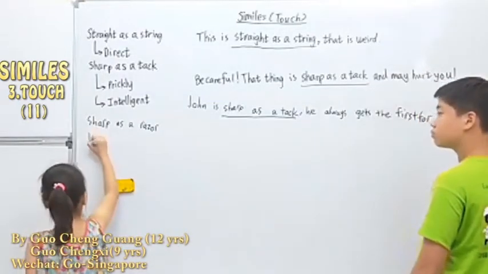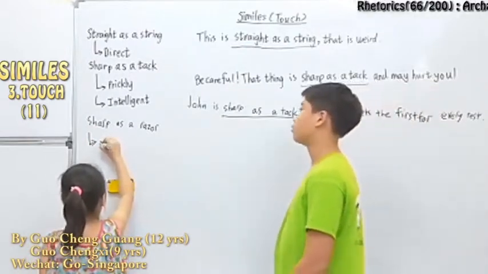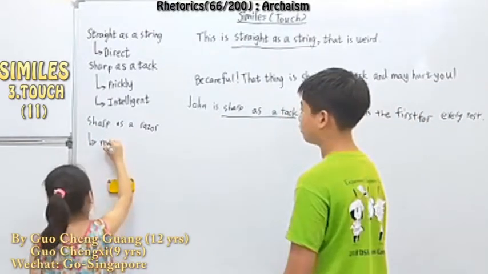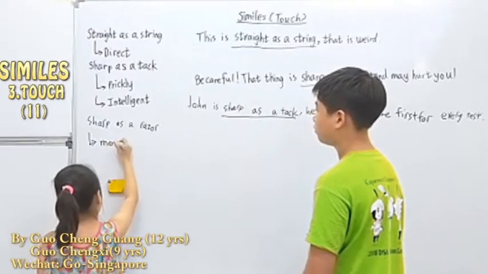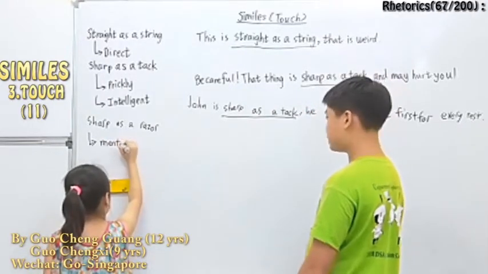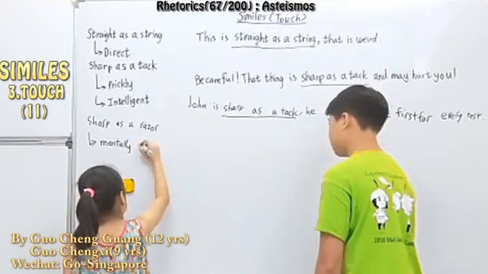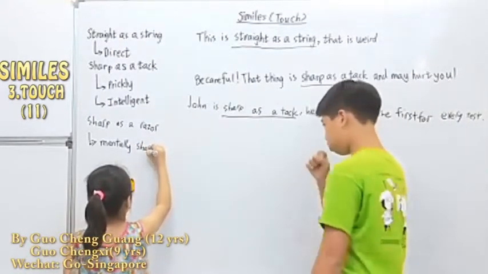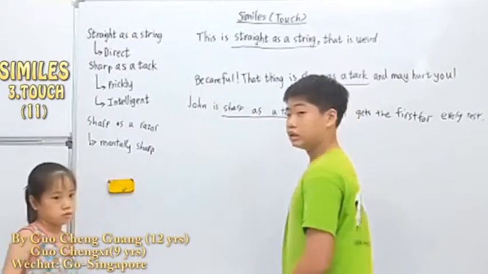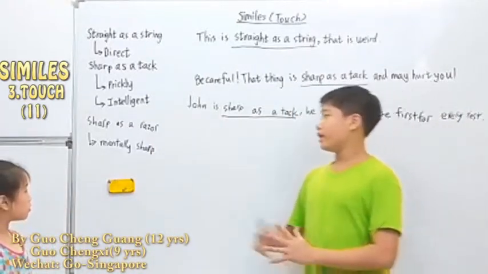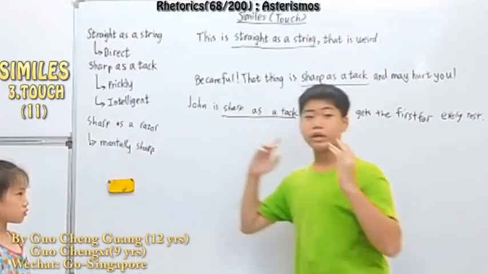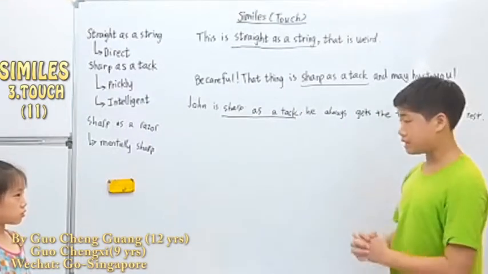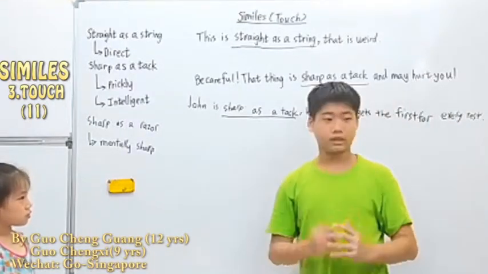Okay. So what it actually means is mentally acute. What does mentally acute mean? So it's like mentally sharp. Yep. But what does sharp also mean? So when this person's mind is very sharp, that means the person is actually very quick.